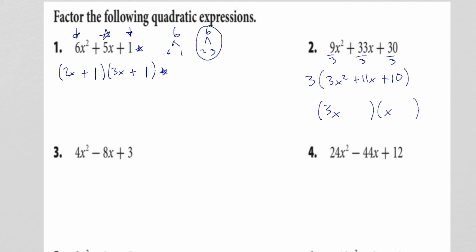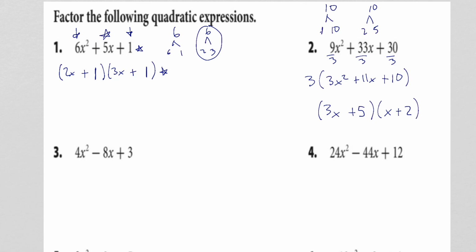So now all I have to concern myself with are the factors of 10. We've got 1 and 10 and 2 and 5. So I'm trying to add up to 11, and I know 3 times 2 is 6, and 6 plus 5 is 11. So this is going to be a 5 here and a 2 here. And how do I know where to put them?